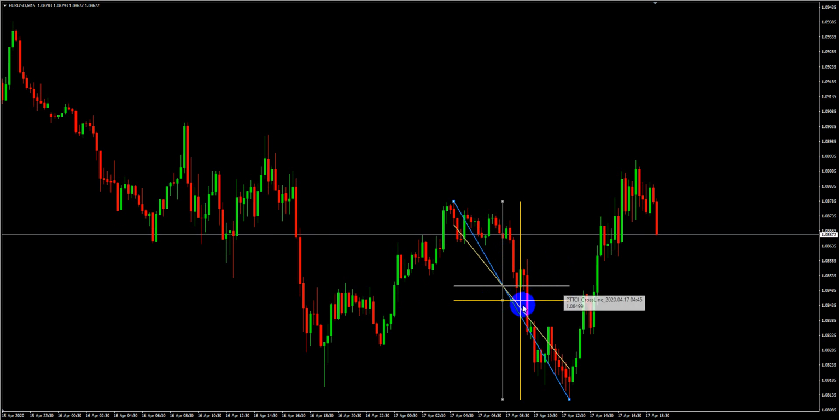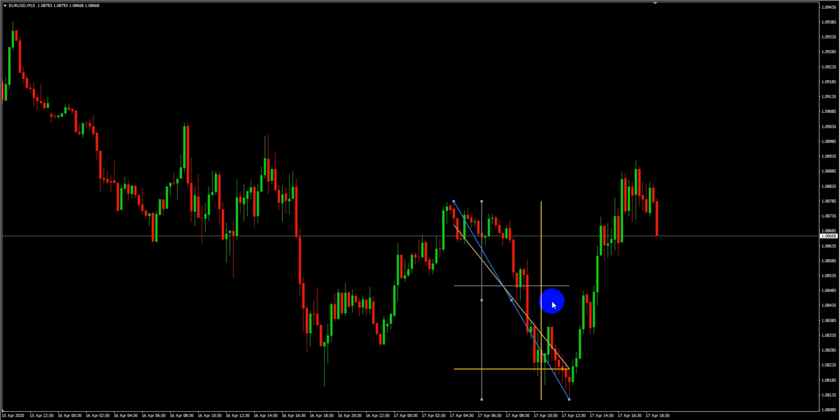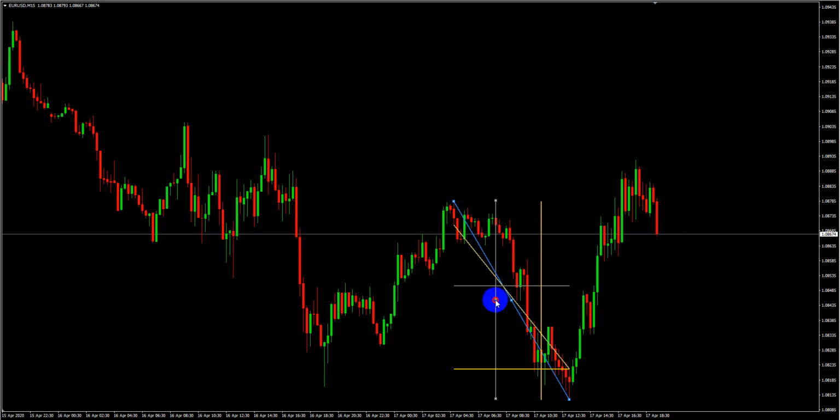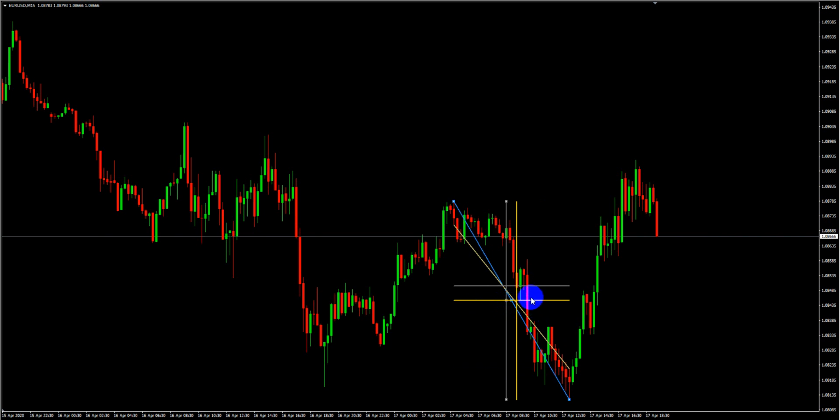Anyways, by moving this, we should be able to change this. But if something doesn't work, then we just have to delete the measurement, right? Let's see now.